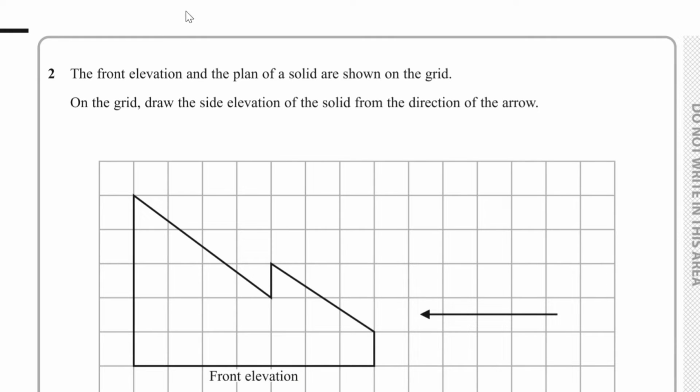For question 2, the front elevation and the plan of a solid are shown on the grid. On the grid, we have to draw the side elevation of the solid from the direction of the arrow.